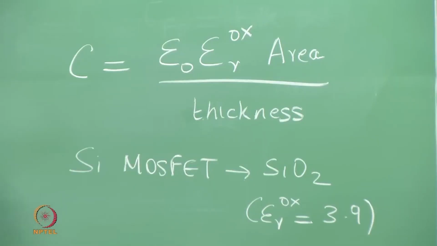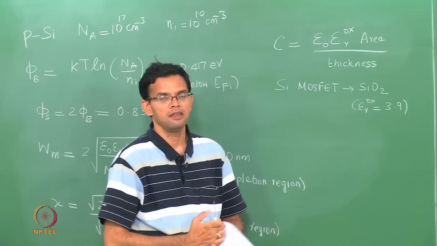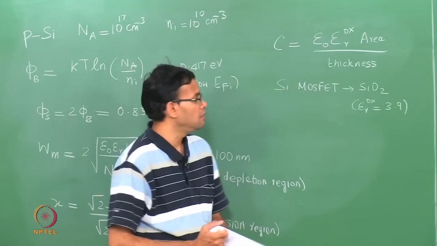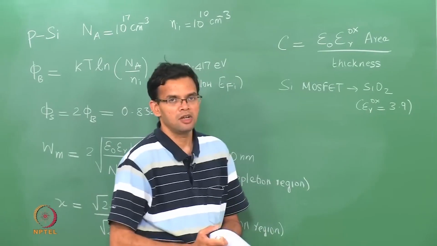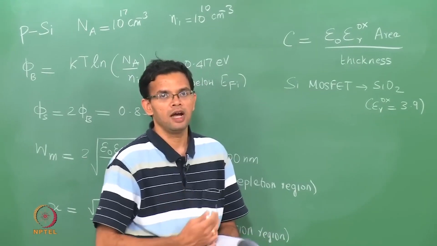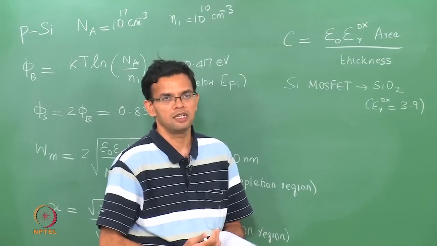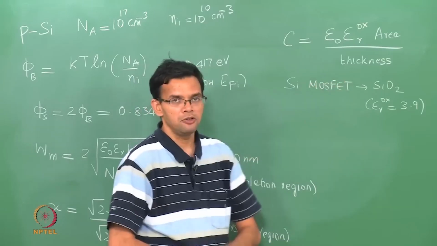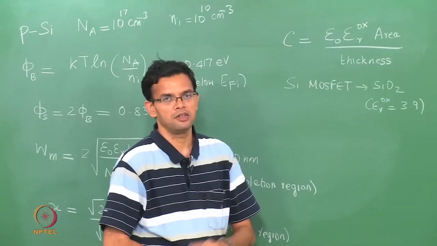Now as the dimensions of the transistors start to come down, so this is your scaling where you have more transistors that are packed within a given IC, the dimensions of all the other components of your transistor will also have to come down. So as the thickness reduces, your capacitance will increase.